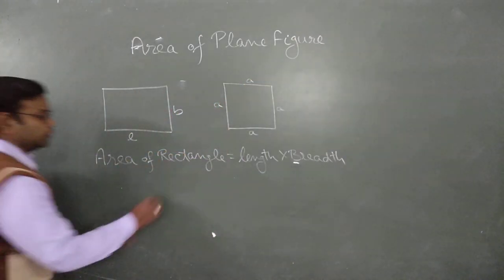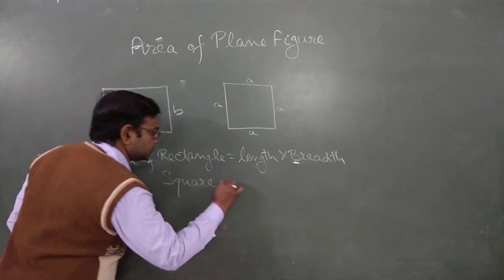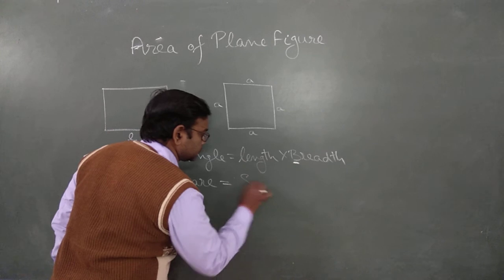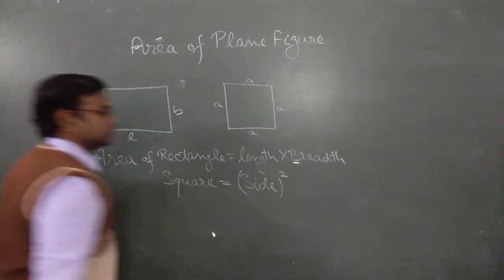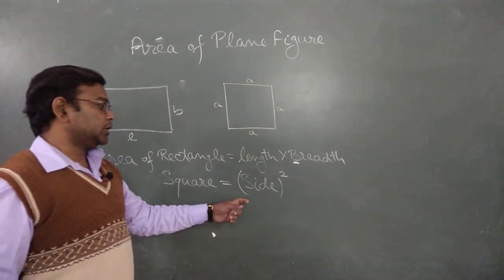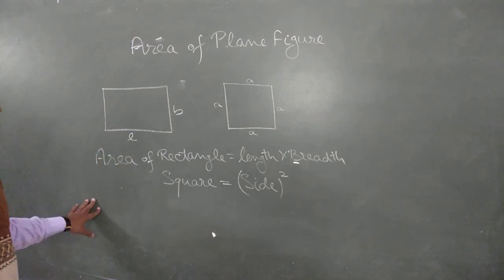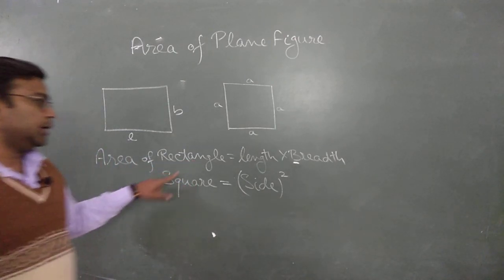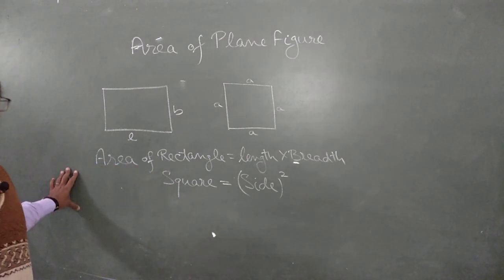Clear? So the area of a square is side whole square. So these two are the formulas for finding the area of a rectangle and the area of a square. You must learn these and use them for solving the sums.